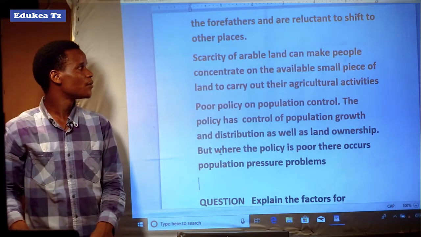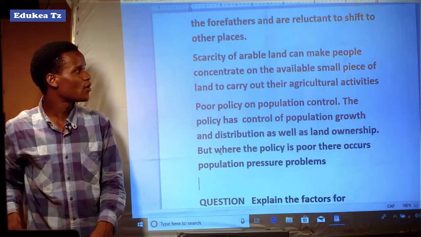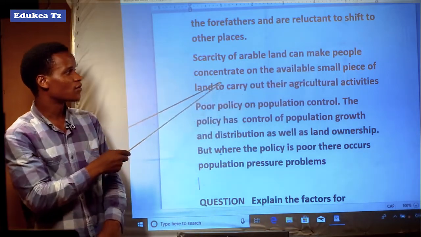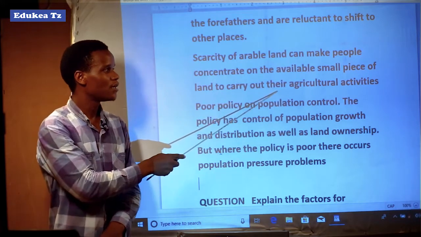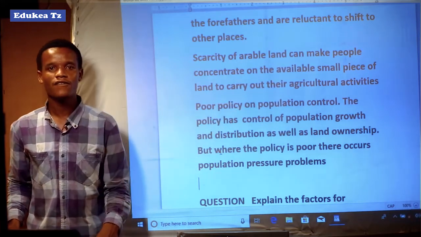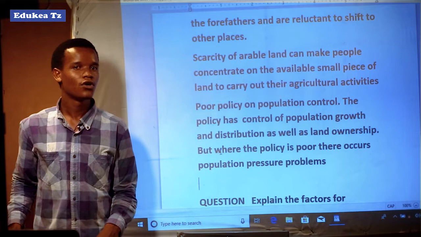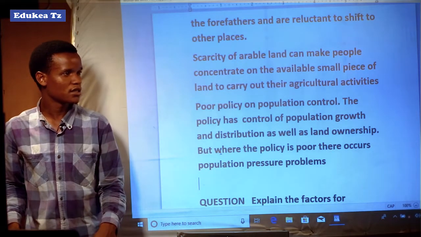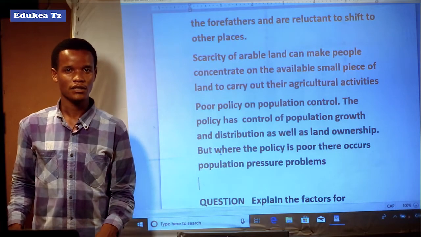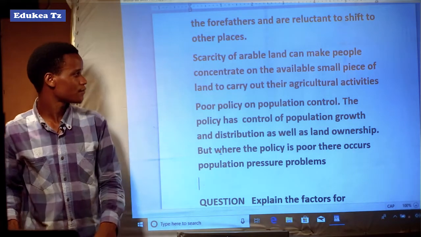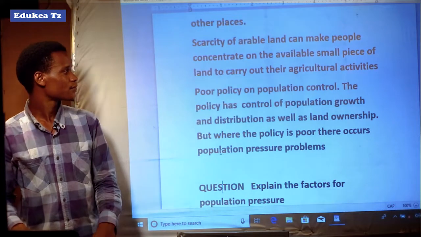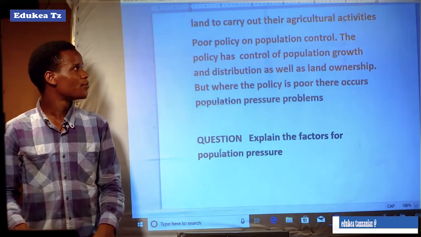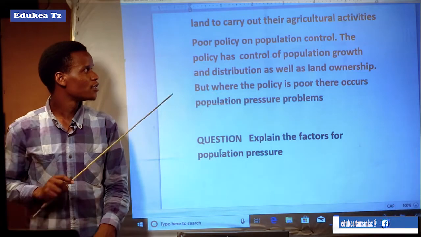Another point leading to population pressure is scarcity of arable land, which can make people concentrate on small pieces of land to carry out their agricultural activities. The areas that have fertile soil tend to attract more people, so people are collected in a small area, and hence the population will be high. Another point is population policy on population control.